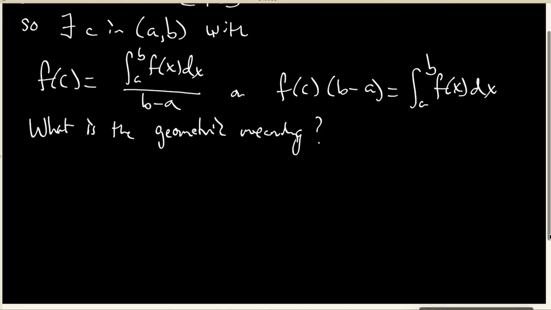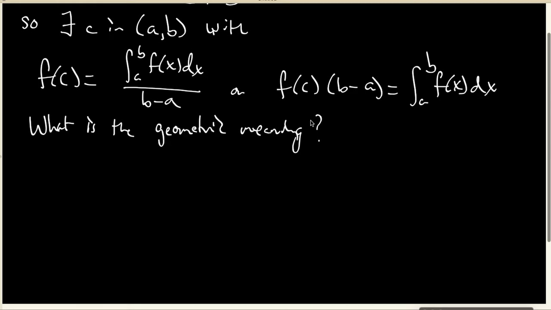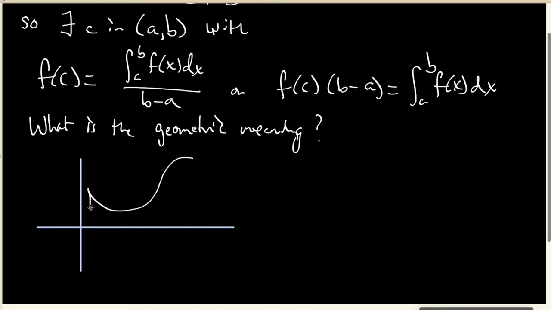And the way to get at that is to actually think very carefully about what the two sides of that equation mean. So let me first of all draw a function. So let me get some nice axes here. There's a vertical axis and a horizontal axis, and I'm going to draw some kind of a function. And so here is a, and here is b, and this, of course, is y equals f of x.